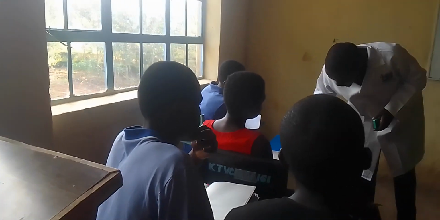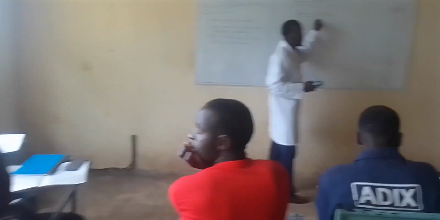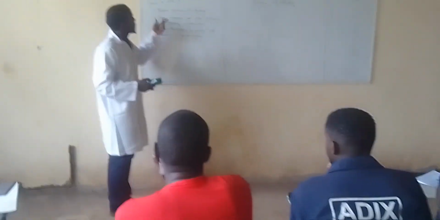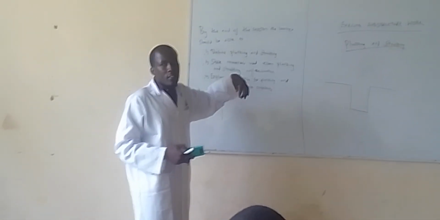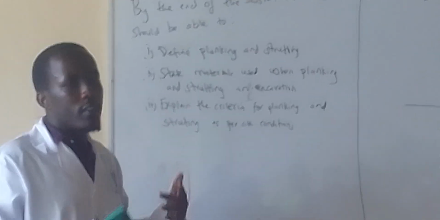Yes, talk loud. Supporting the sides of the trench. But there are some learning outcomes which you have to know. First is to define planking and strutting. He has given us a definition, which is correct, but we are still going to get a more modified definition.